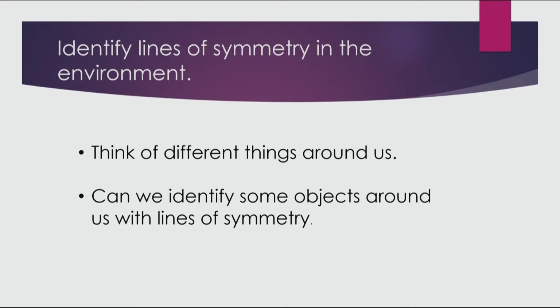So, today we're going to think of different things around us. There are lots of things around you at home. Your bed, your plate, your cup, your TV, your table, your sofa, so many things. Can we identify some objects around us with lines of symmetry? Note it down on a piece of paper and then we can share.